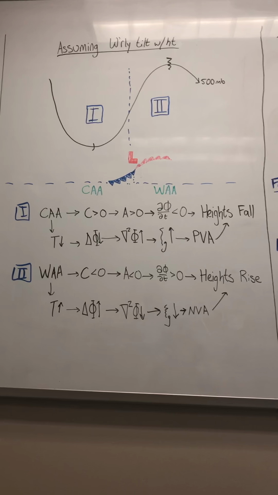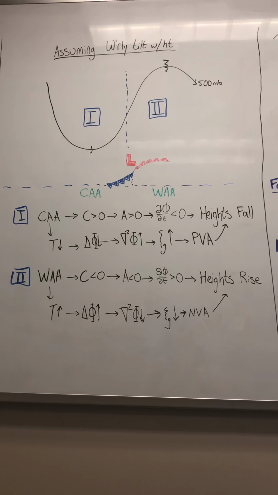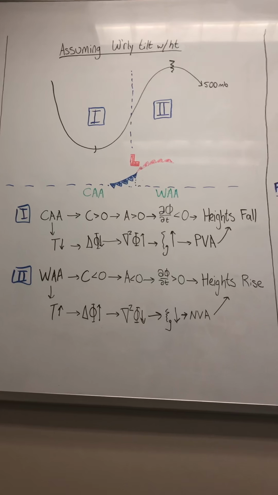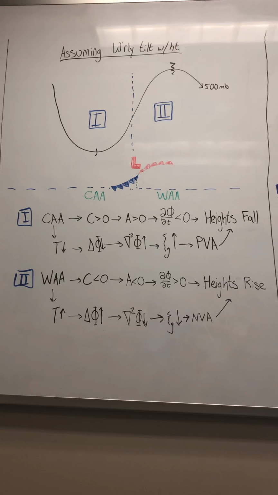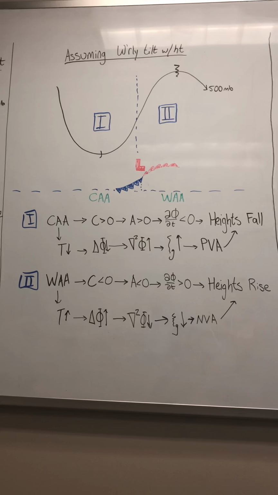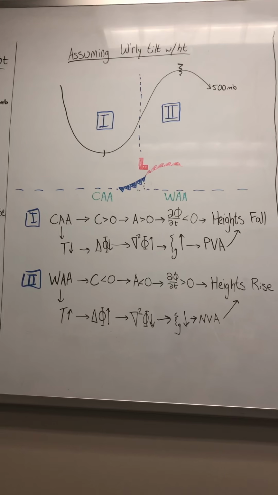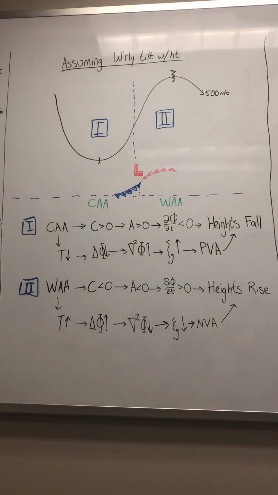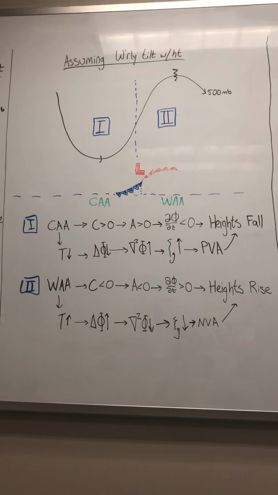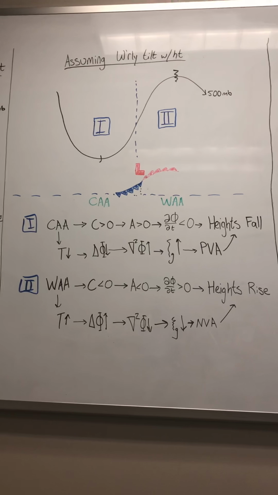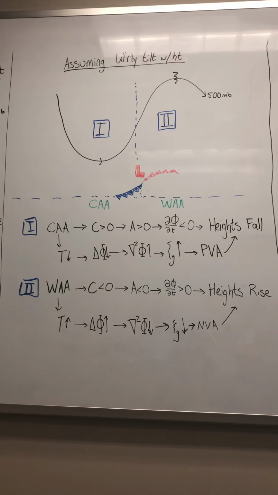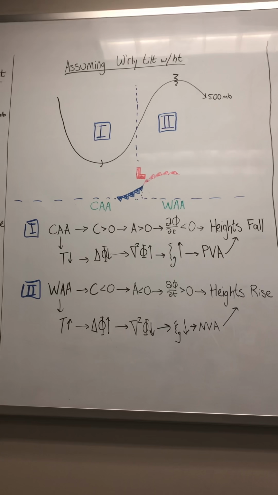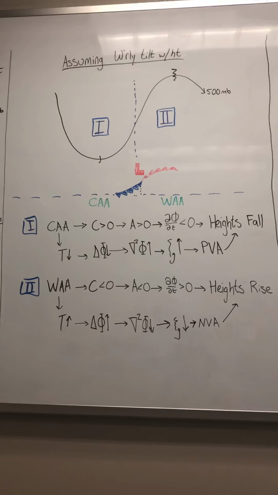We can take another approach by saying that because the temperature is falling in region 1, the distance between heights of constant geopotential is decreasing, and in turn, del squared of the geopotential is increasing, which is defined as relative vorticity, which is also increasing, meaning that there is PVA in region 1, backing up our conclusion that heights are falling in region 1.